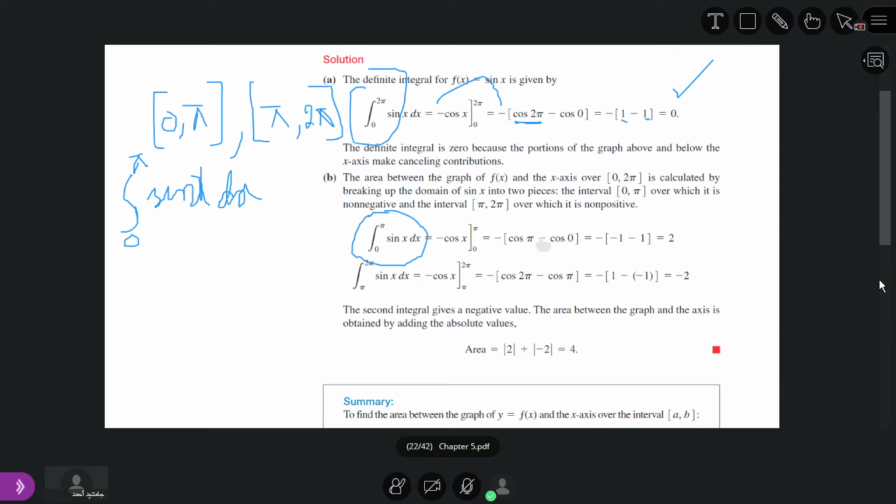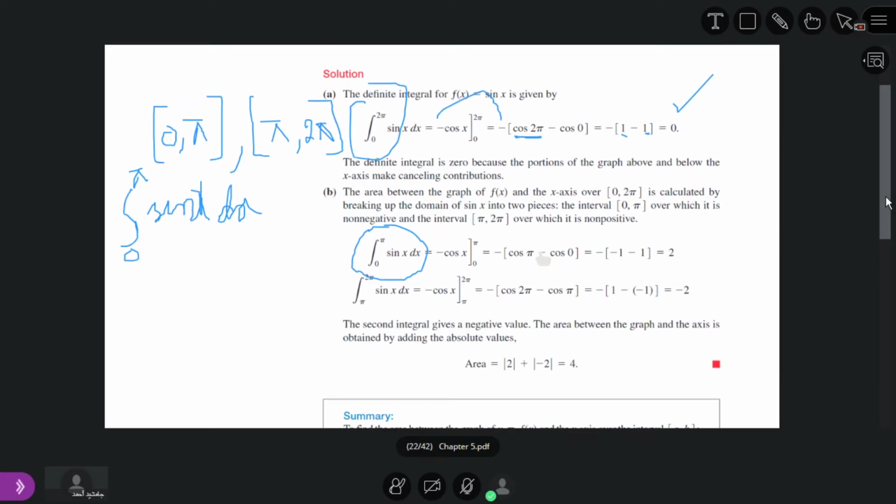Now when we put upper limit, what is cosine pi? Cosine pi is minus 1. So minus 1 minus 1 is minus 2, and we have minus outside, so that is why we have plus 2.